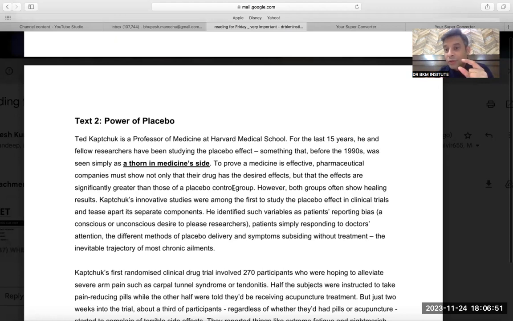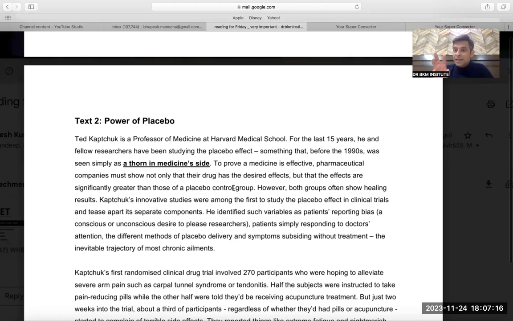Suppose I talk about paracetamol. If by taking paracetamol the fever subsides, then it can be due to psychological reasons as well. So this medication has to be compared with the placebo medication. A placebo is a medication that does not contain any drug. That is not a medicine. Placebo is just a kind of neutral drug.